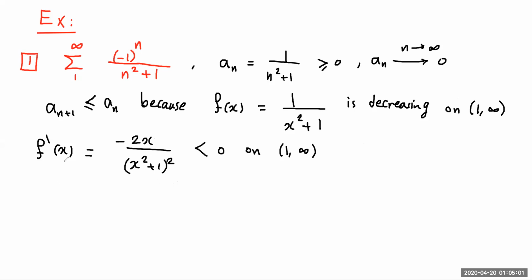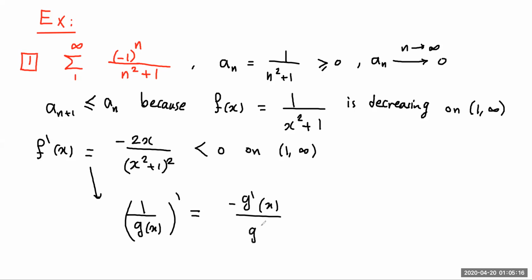So remember why this derivative is calculated like this. If you cannot understand, we have a rule here. If you remember, what is the derivative of 1 over g(x)? Let's remember this rule: it's minus g'(x) over g power 2 of x.